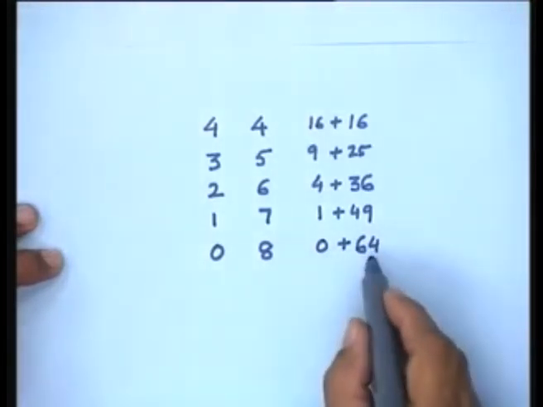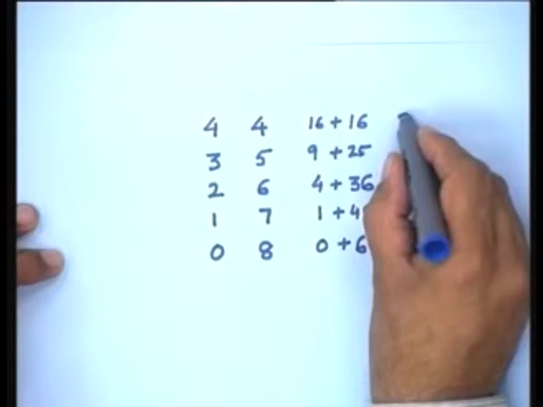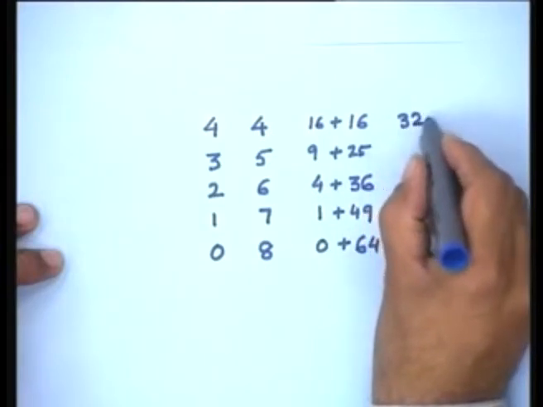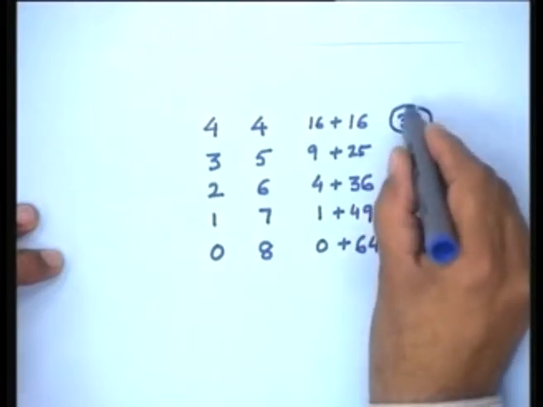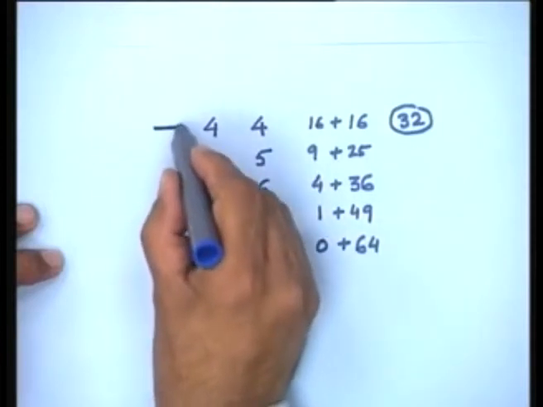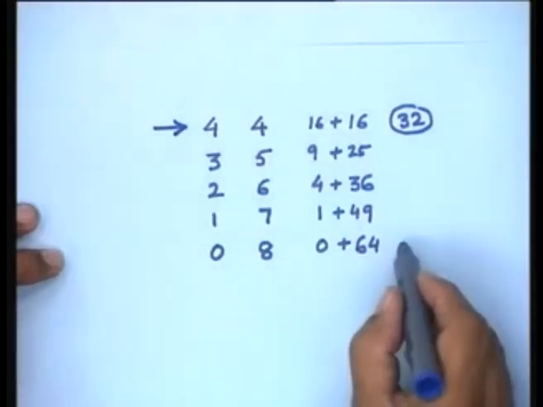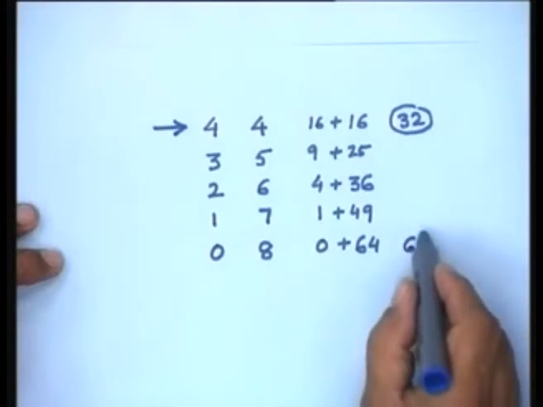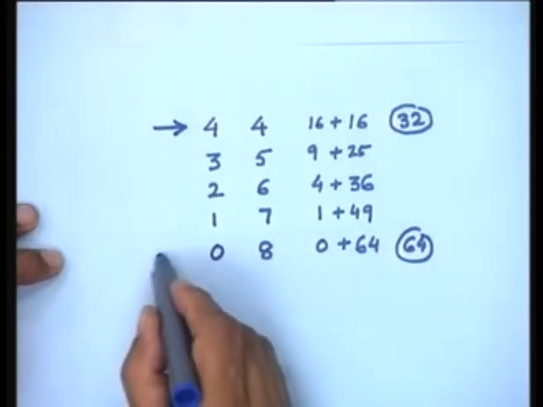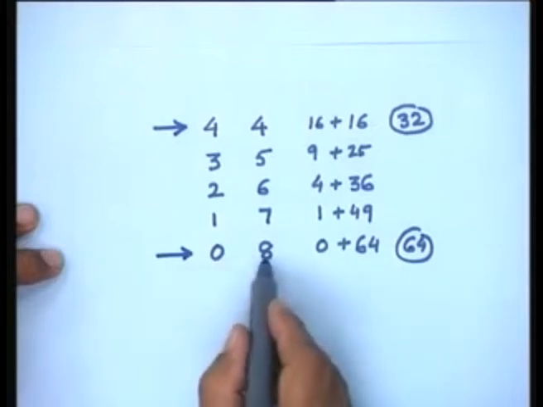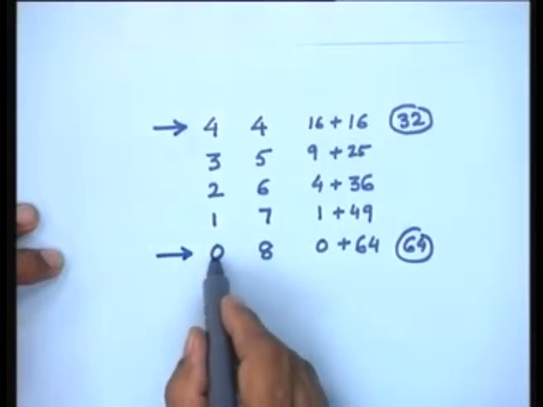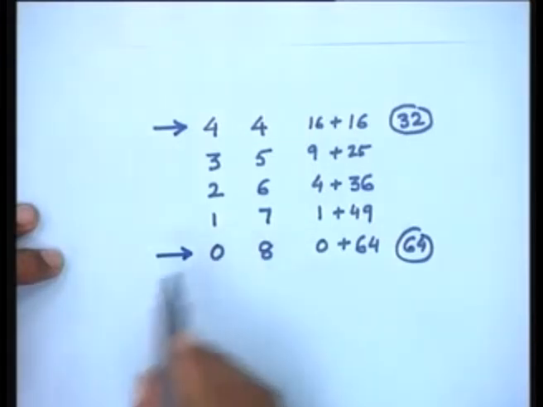So you find really that the sum of squares is minimum and is equal to 32 when this is best balanced, which is 4, 4, and it is equal to 64 when it is the worst situation, when there is no man operating here and all the 8 people are here.